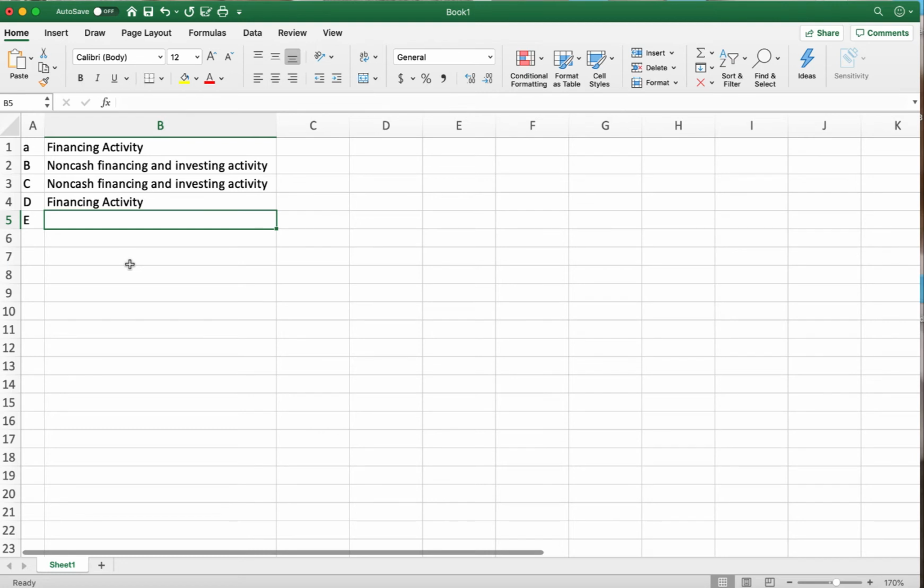Okay, let's look at E. What's E say? Sold a long-term investment with a cost of $15,000. We got cash for it. Okay, the problem tells us we got $15,000 of cash, right? We don't care about any gain or loss. All we care about is this transaction. Do we classify it as operating, investing, or financing?